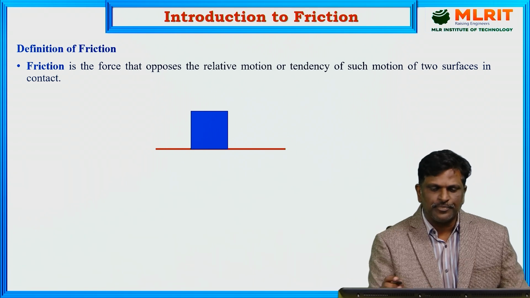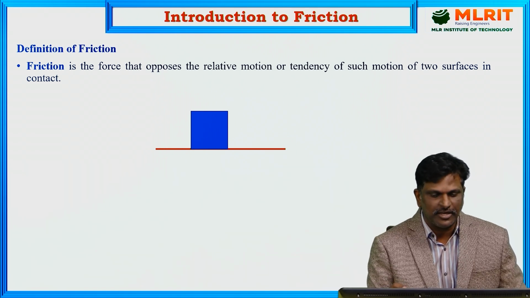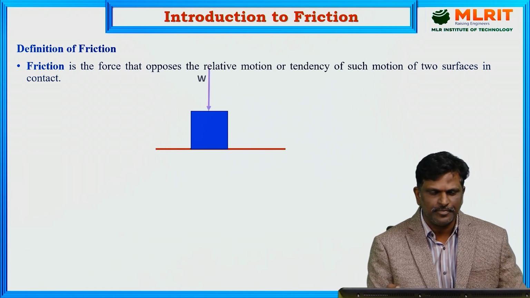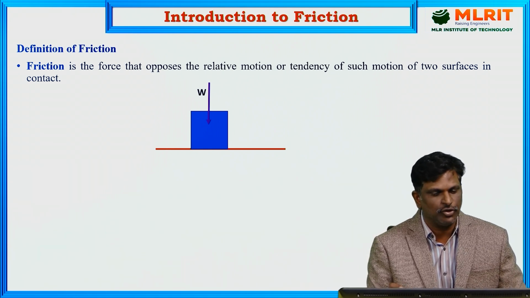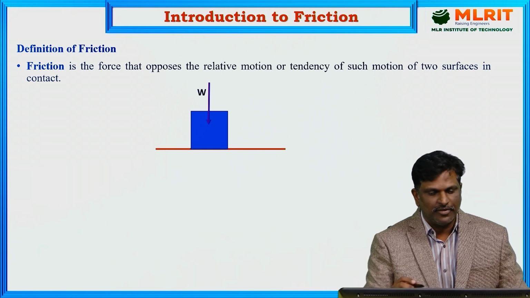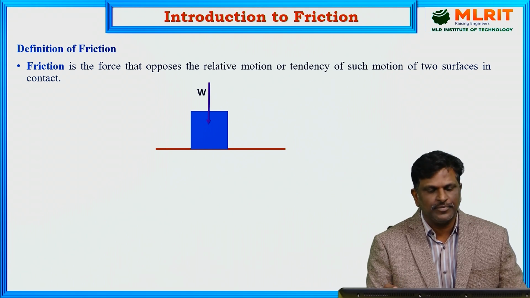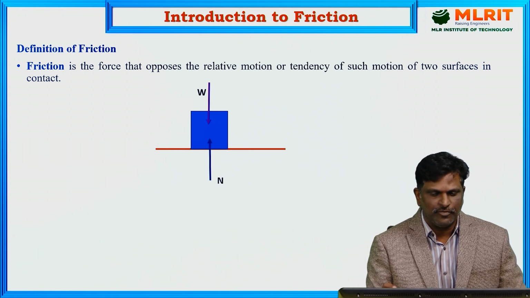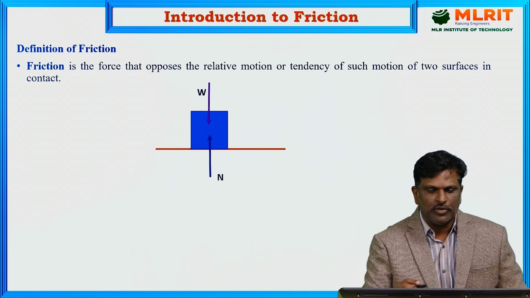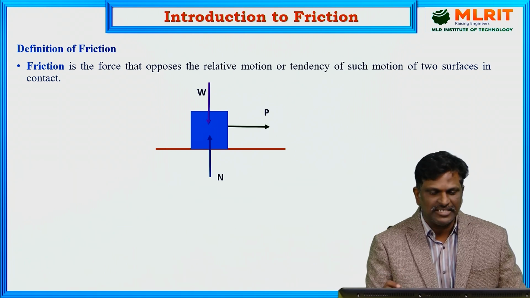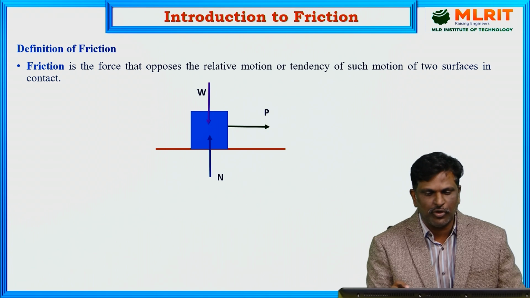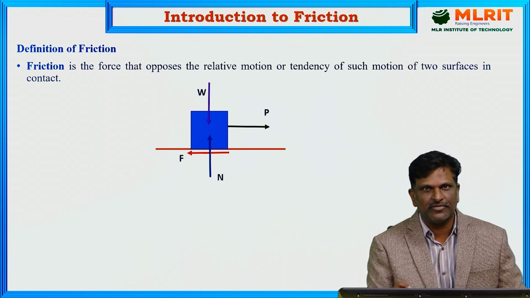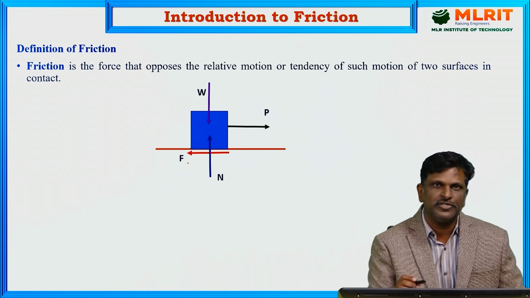Look at the body which is resting on a horizontal plane. Its weight always acts in the vertically downward direction. The weight is balanced by the normal reaction. Now the body is acted upon by a force P which is tending to move the body in its line of action. Then at the contact surface, the friction will come into play.